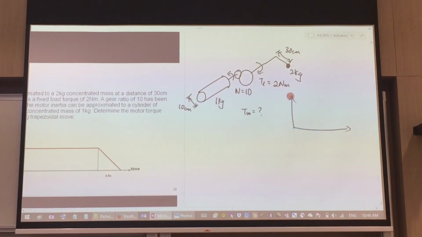With the hope to achieve this kind of a characteristic for the motor, that initially you will have 0.5 seconds of acceleration and maintain a constant velocity, and then another 0.5 seconds over here of deceleration.